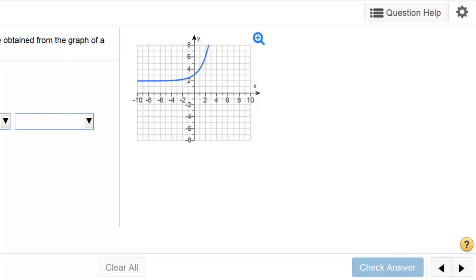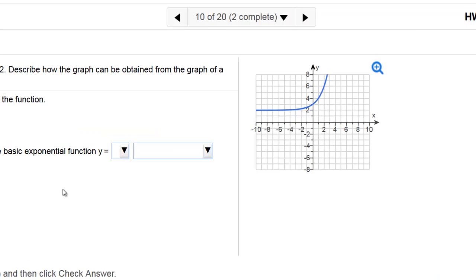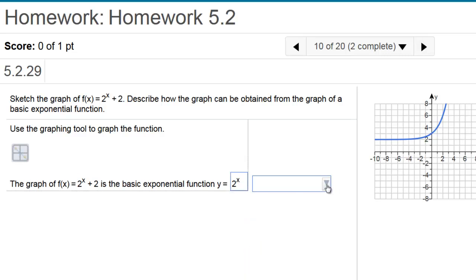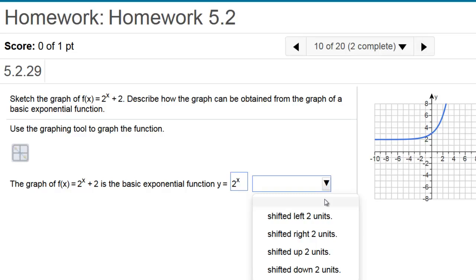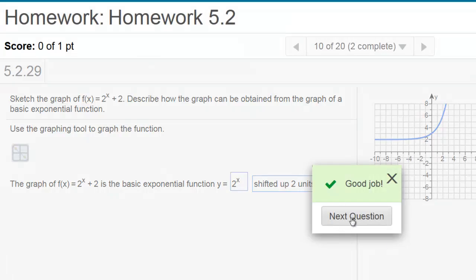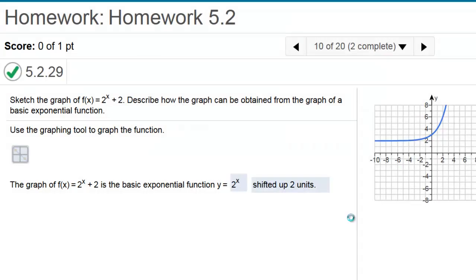Next question, let's see, actually same question as we continue. This is the basic exponential function y equals 2 to the power of x, and it is shifted up 2 units. Check the answer. Good job. Let's move on to the next question.